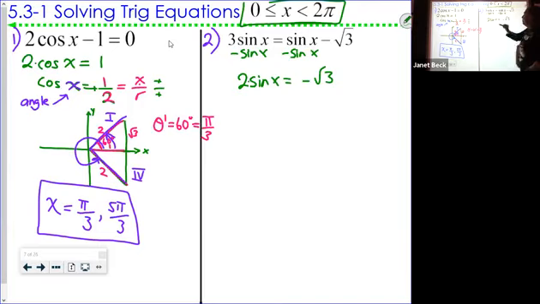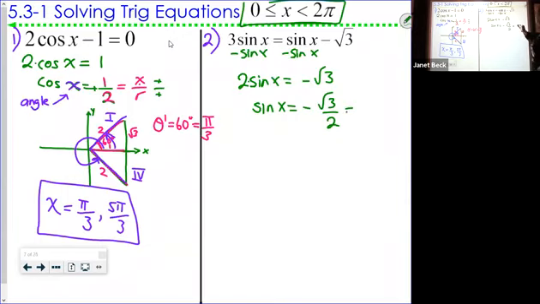Now cancel out multiplying by 2 by dividing by 2. And now we're at the sort of problem we could have given you a month ago. Find the angles x. Which angles have got a sine of negative root 3 over 2?